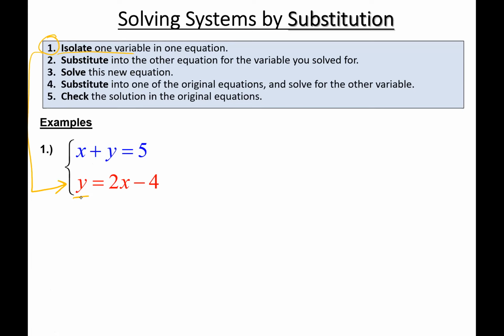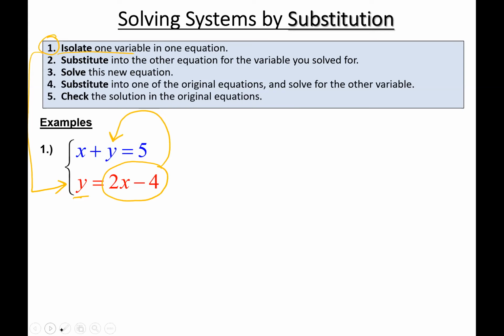Step 2, substitute into the other equation for the variable you solved for. In other words, you're going to plug in. So in our problem here, since y is equal to 2x minus 4, what we're going to do is substitute or replace y with 2x minus 4 in the other equation.